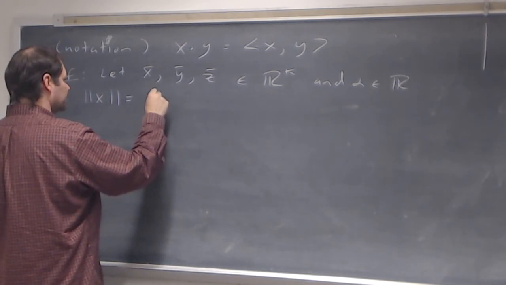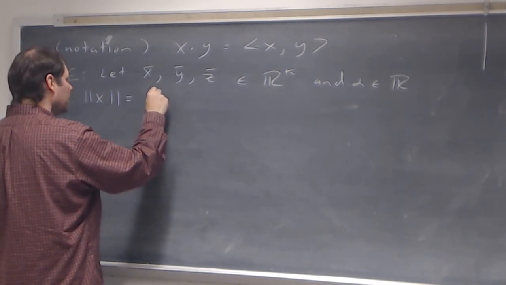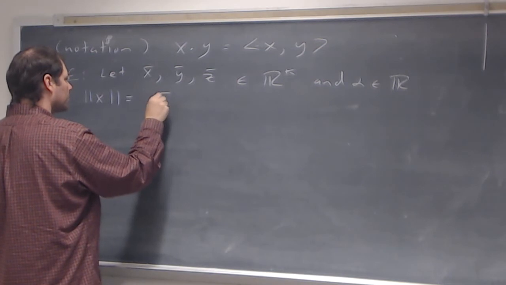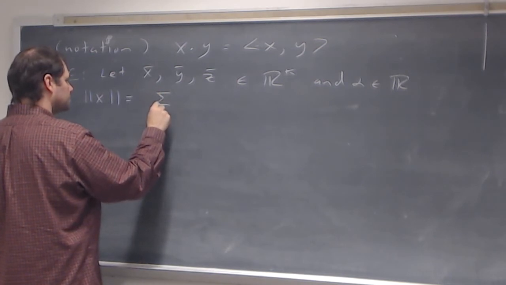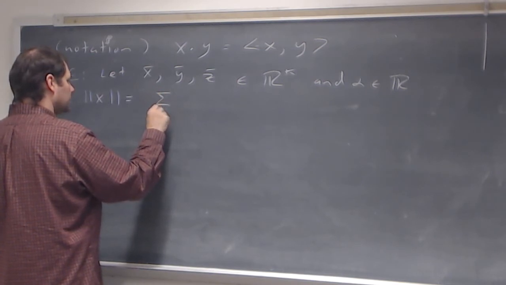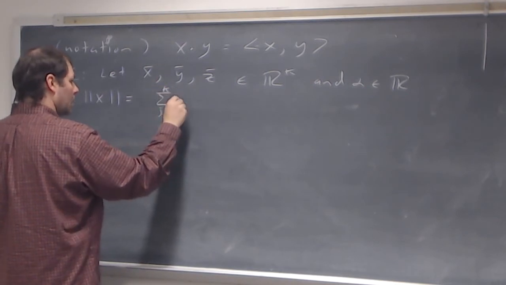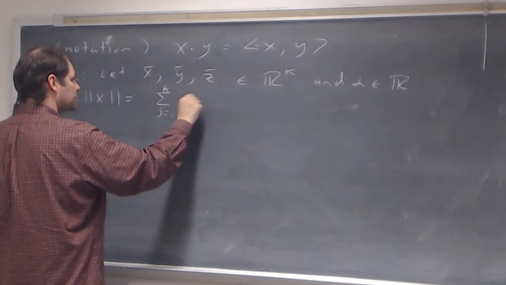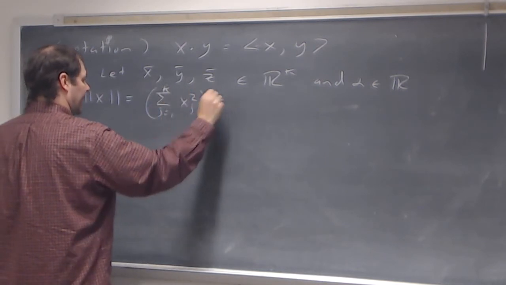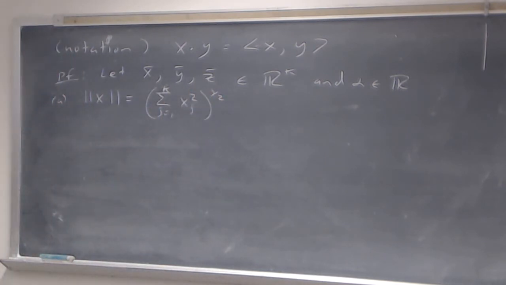The norm of x is equal to the sum, j running from 1 to k, of x sub j squared, raised to the 1/2 power. So that's what it is.